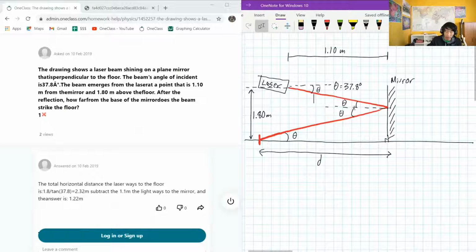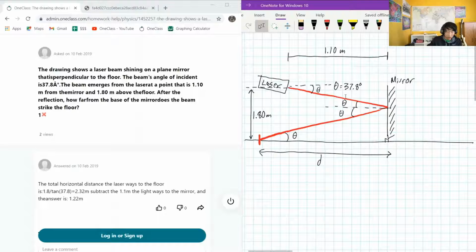So this line right here has to be perpendicular, and we know that a diagonal that goes through two parallel lines like this has to have the angle orientation like this. So this angle right here always has to be the same as this angle. Same vice versa for these angles right here.